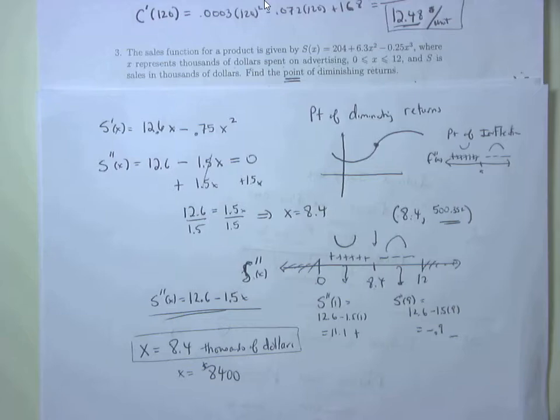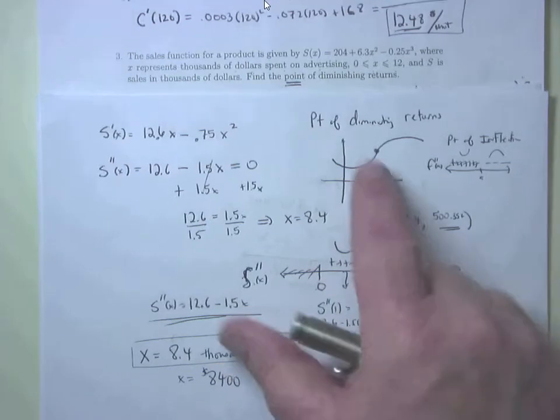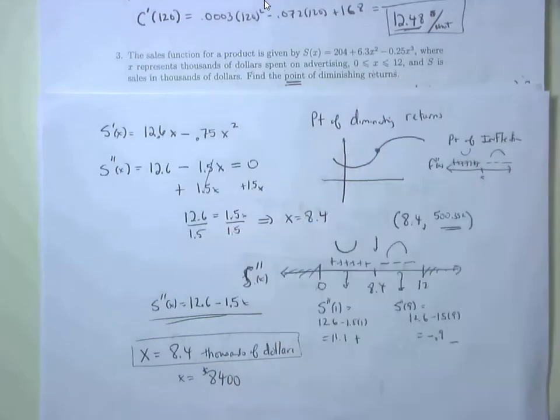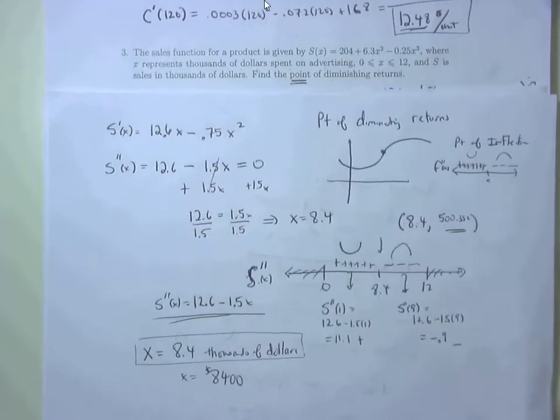If this answer was not in the interval, then there would be no point of diminishing returns between 0 and 12. You're done. So always check your interval, what the function is defined over. Does that make sense? Another question. You guys good? Okay, cool. So if it's not in the interval, throw it out, and then your answer is no point of diminishing return within that interval. There you go.